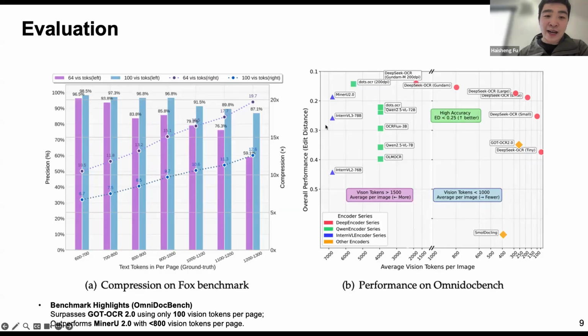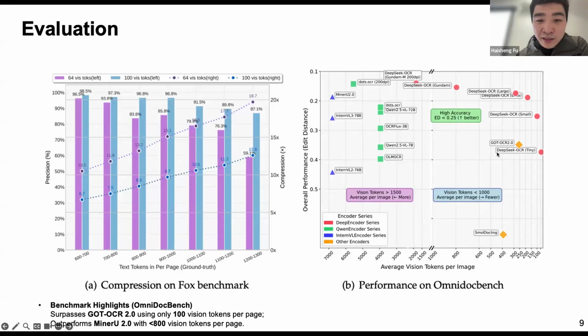If the edit distance is smaller, the results are better. So we can see, for example, these are better if it only uses hundreds of tokens. It can be a very good result.